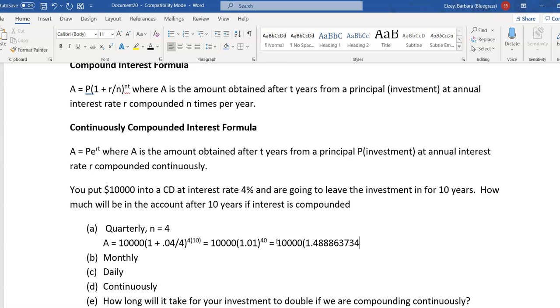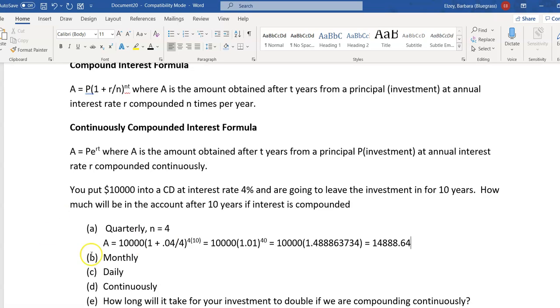Now I'll round this off in a minute. After my final multiplication, let's multiply that by the 10,000 now. And we get that I have $14,888.64 at the end of 10 years. And now, of course, I'll round off to 2 cents, since that's a reasonable thing to round off to.